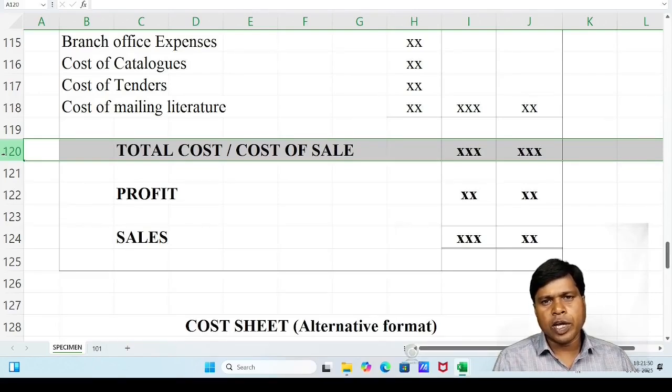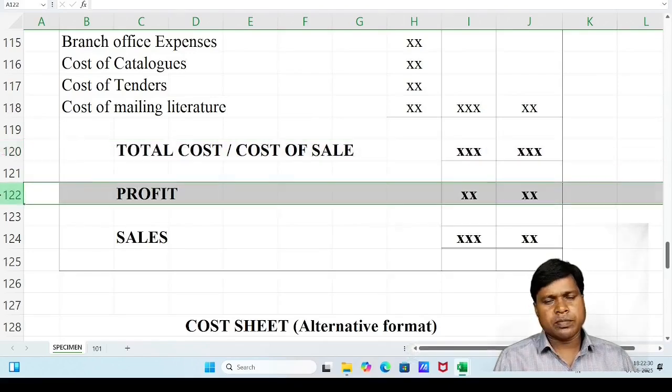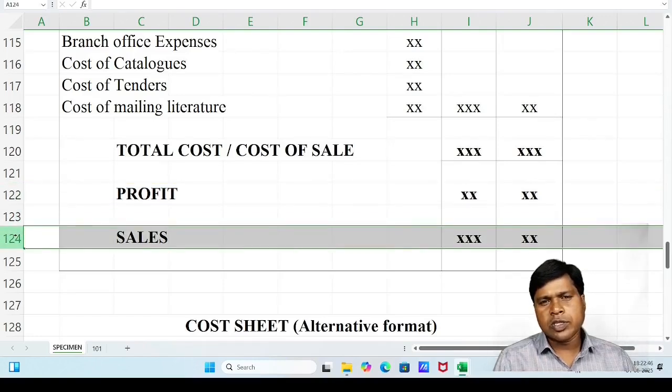There is no profit included in the amount. This is the cost price. After total cost or cost price, we have to add profit. If suppose there is loss, then we have to subtract. After addition of profit and subtraction of loss, we will get the next and last price, which is called sales or selling price. This is the format or specimen of cost sheet or cost statement.